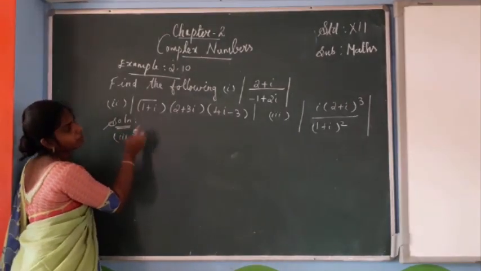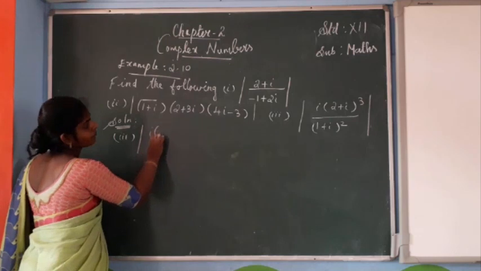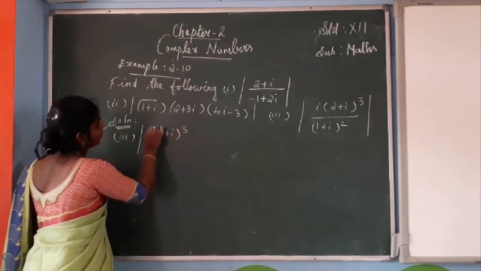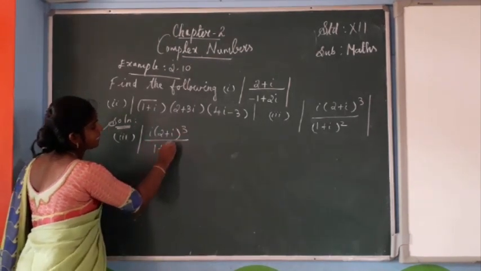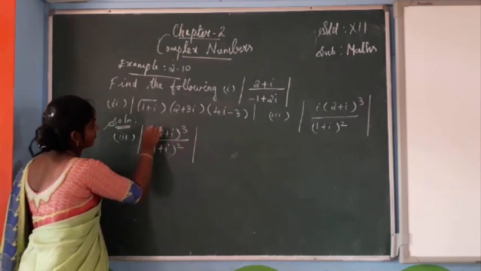Third subdivision: modulus of i (2 plus i) the whole cube divided by (1 plus i) the whole square.